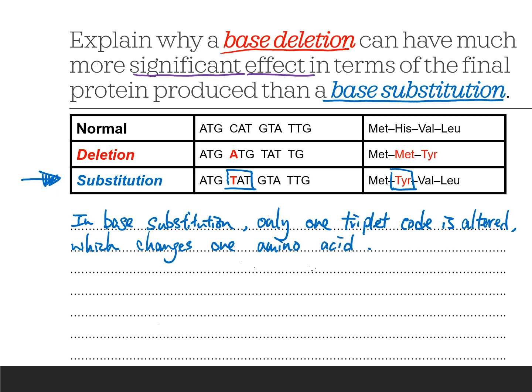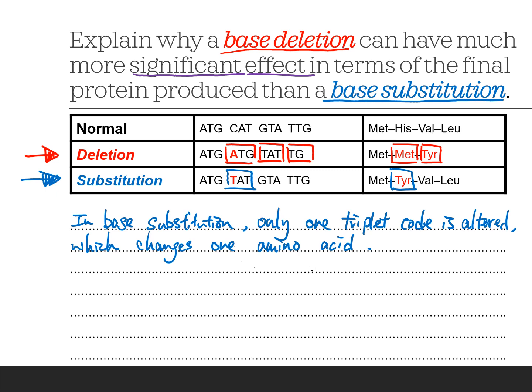Alright, but let's take a look at the case of deletion. When you have a deletion of a base, what happens? The deletion of a base changes how many triplet codes? It changes all the triplet codes after the point of mutation. And after changing the triplet codes, all the amino acids after the point of mutation are also changed.